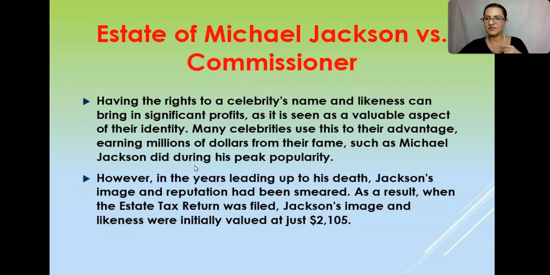He was involved in two cases where he was accused of child molestation, and he was acquitted in both of those cases. But the argument of the estate is that Michael Jackson's image and likeness didn't have a high value at the time of his death because basically nobody wanted to work with him.